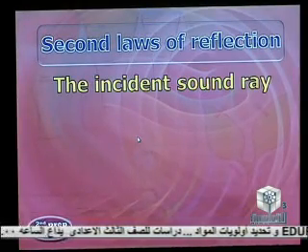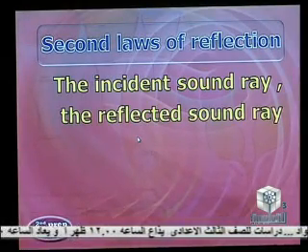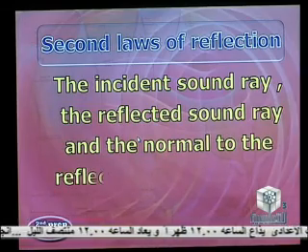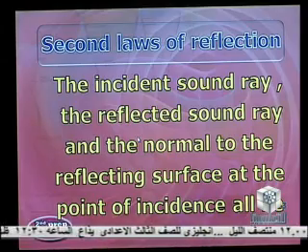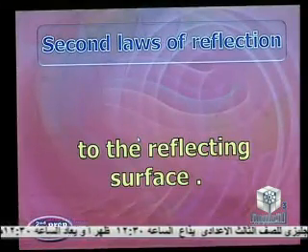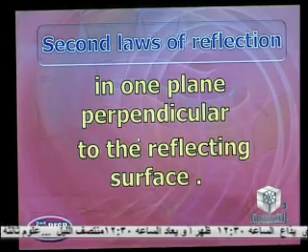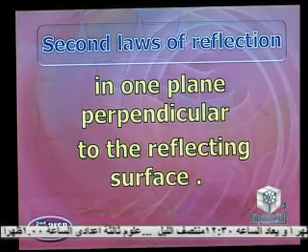Second law of reflection: the incident sound ray, the reflected sound ray, and the normal to the reflecting surface at the point of incidence all lie in one plane perpendicular to the reflecting surface. If this is the reflecting surface, this is the incident sound ray, and this is the reflected sound ray, then the incident ray, the reflected ray, and the normal are all in one plane, which is perpendicular to the reflecting surface.